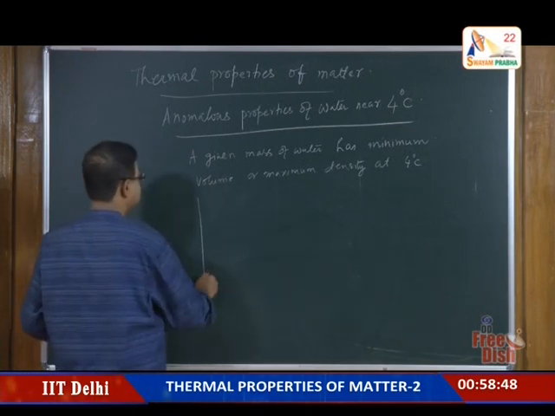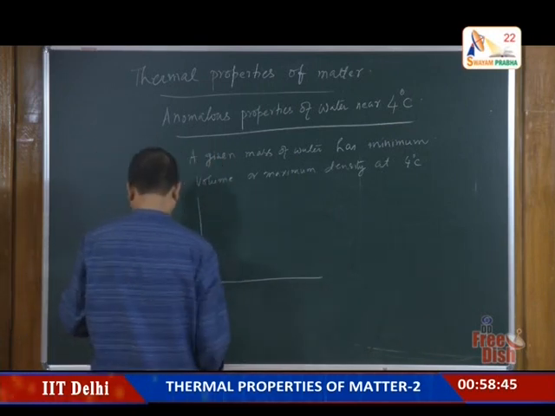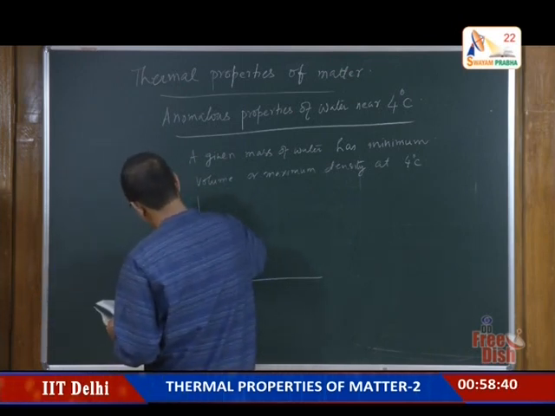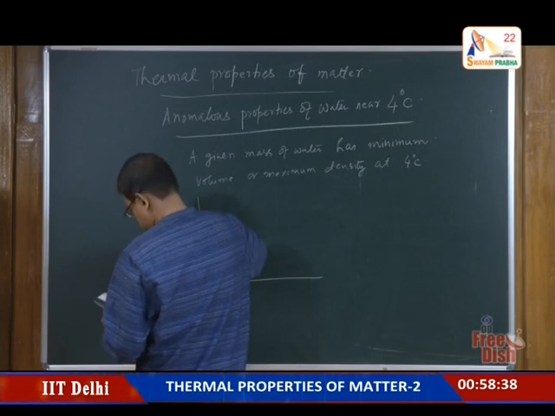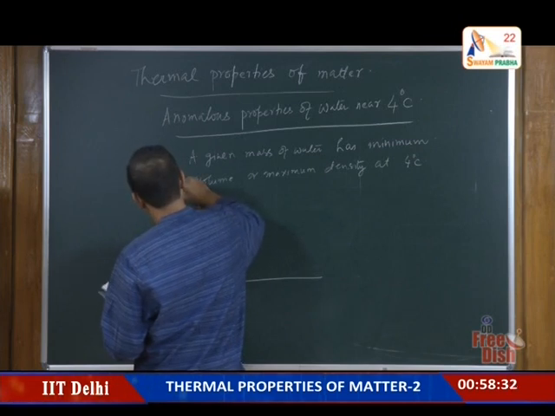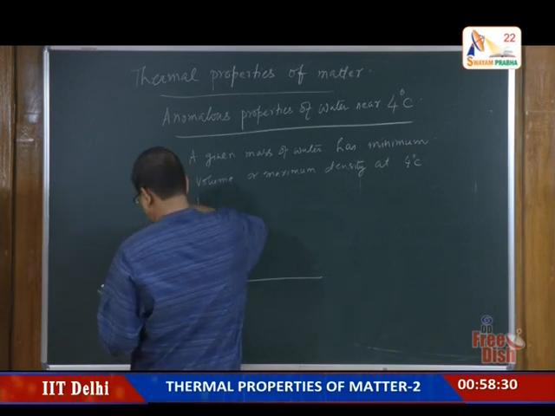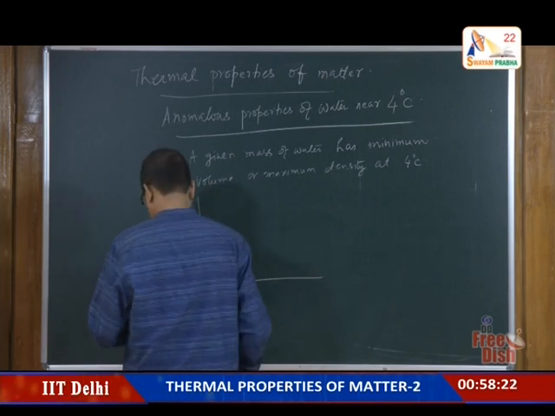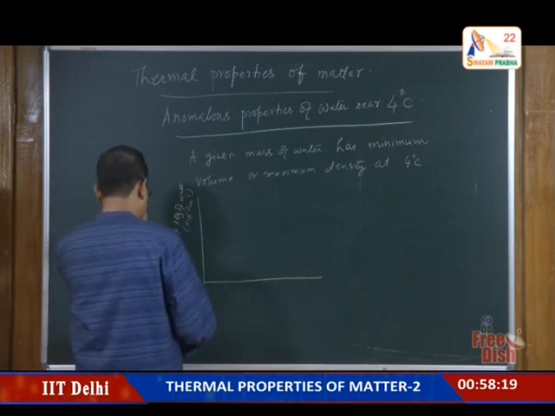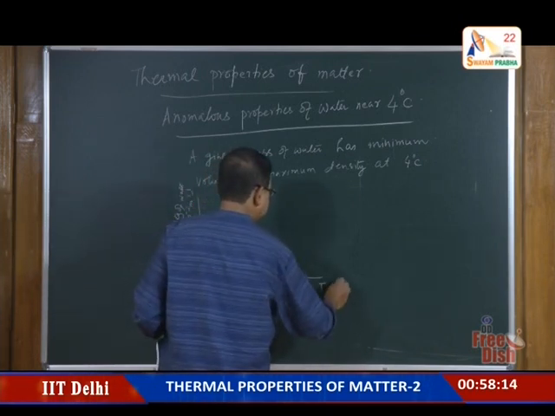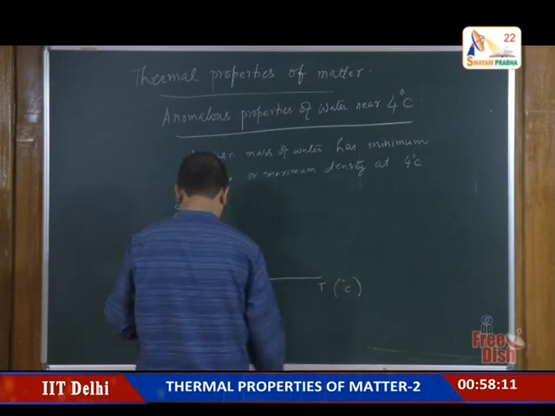So this is the volume of 1 kg of water, in 10 to the power minus 3 meter cube, and this is my temperature scale in degree centigrade.